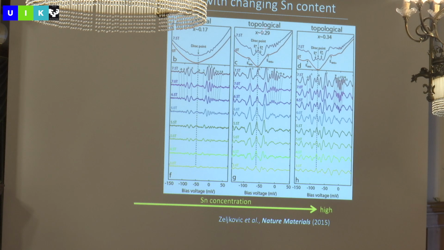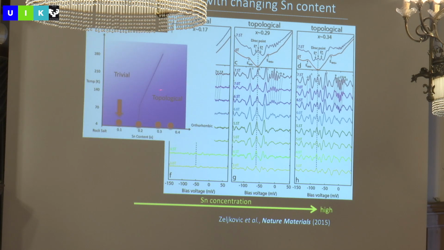Look, in these two topological phases, you have the Dirac point, and you have the two side features which represent the mass. Same here: Dirac point, and the side features that have the mass. Right at the critical phase, there is something small going on. There's still something that looks like a Dirac point, right? Whereas you don't see the two mass peaks very well here.